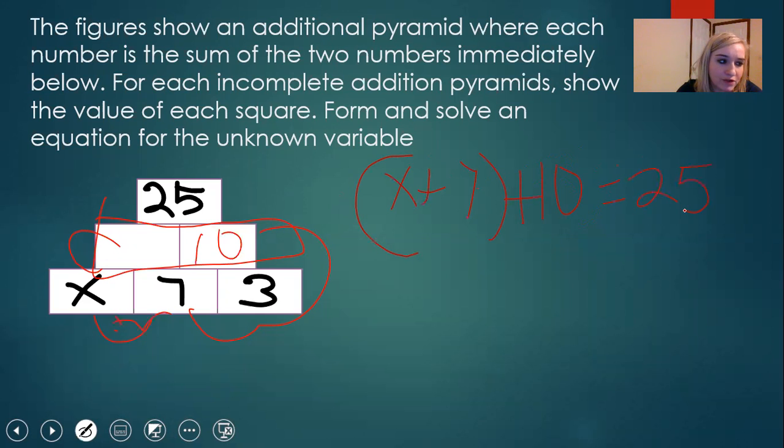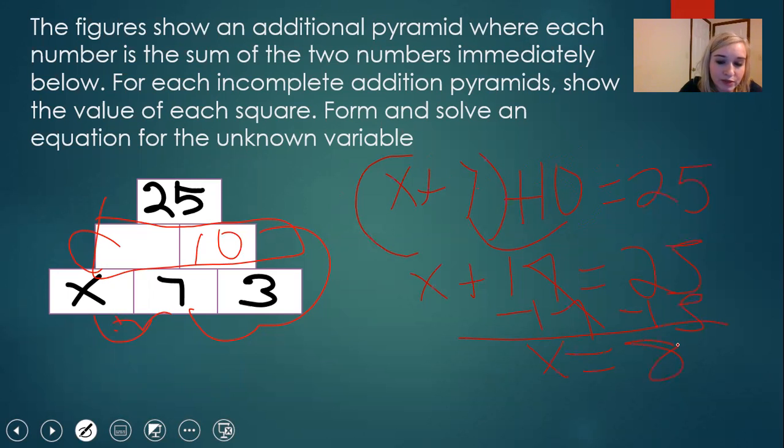So now all I have to do is solve this. So I know that 10 plus 7 is 17. So we're going to set that equal to 25. That cancels itself out. X equals 8.